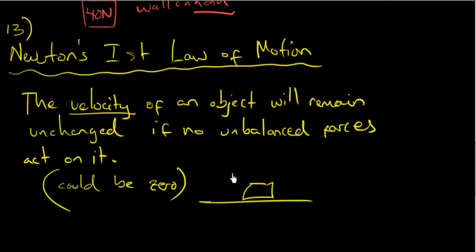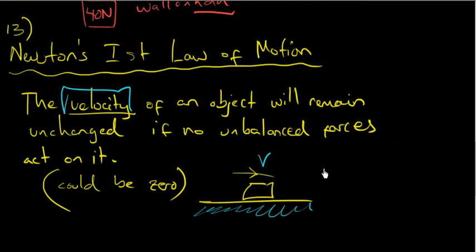Otherwise, if it's already moving, it's going to continue moving at the same speed. If this is frictionless, if this was some kind of frictionless ice, this is just going to keep on moving forever and ever unless a force acts on it to stop it, if it's got an initial velocity v. Right? And note that the word is velocity, and velocity is a vector.